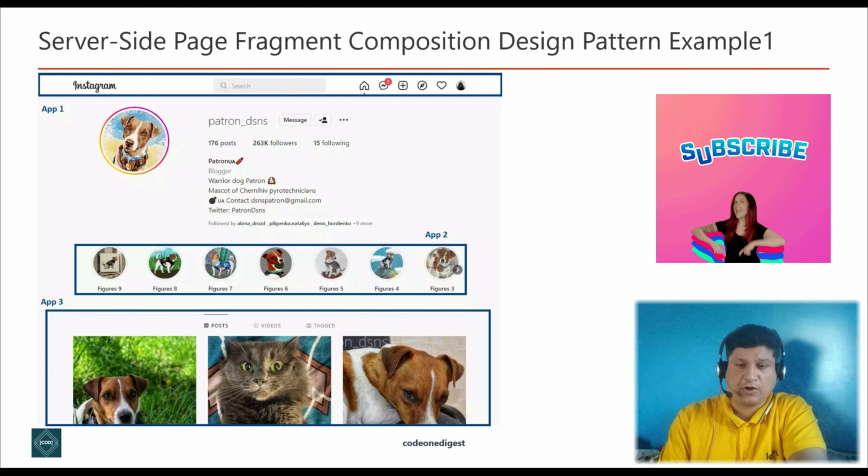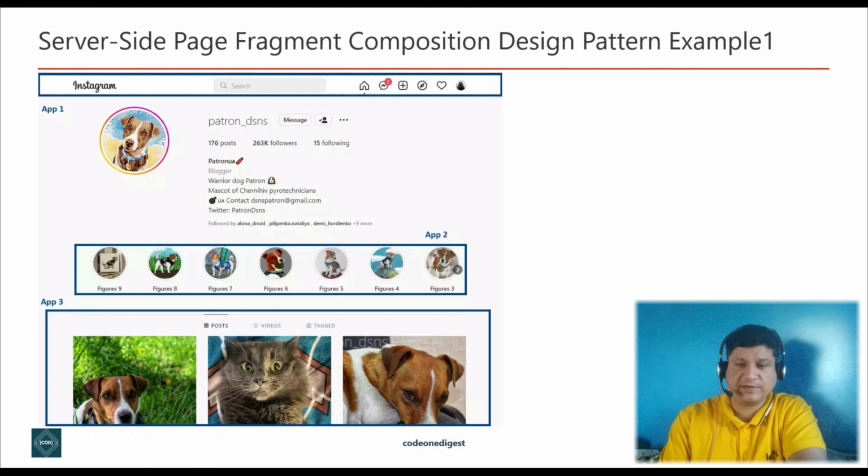Next, there's a block with the saved stories, and finally, the block with the posts can be developed as a separate service. All these blocks or fragments are stitched together, assembled together by a layout server to form a complete page for the client request.